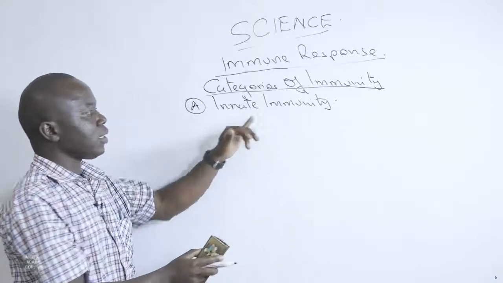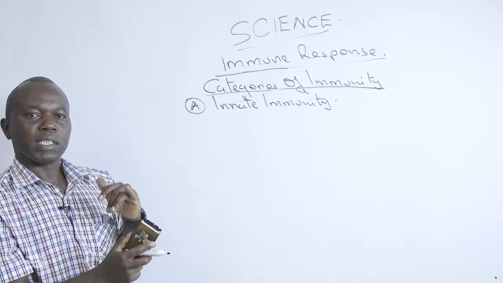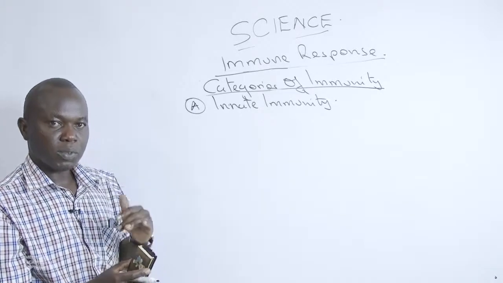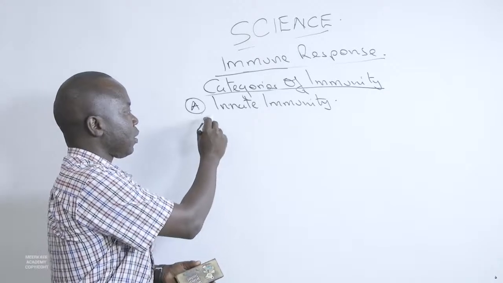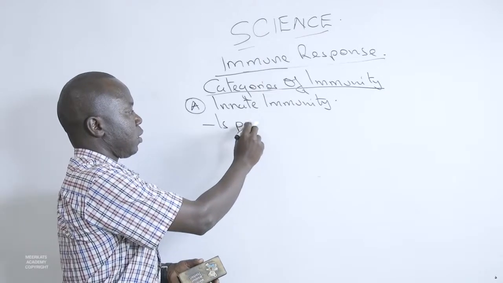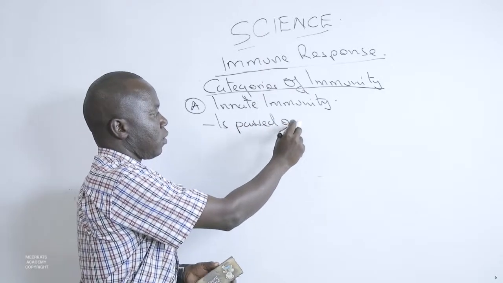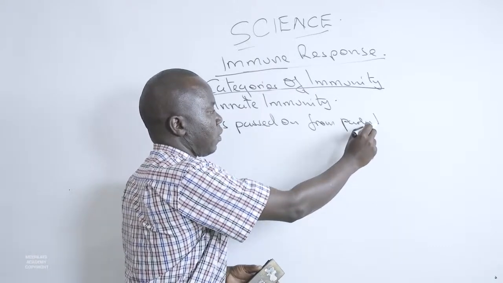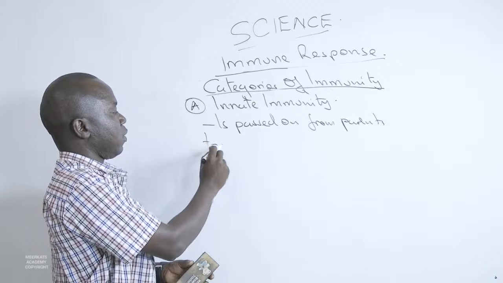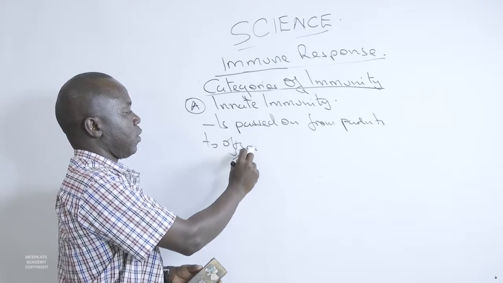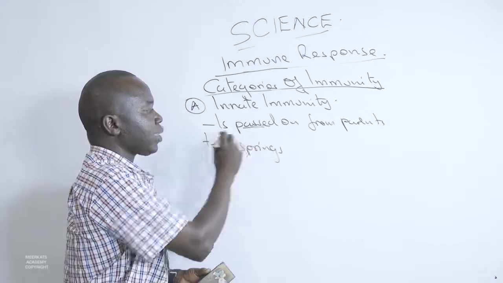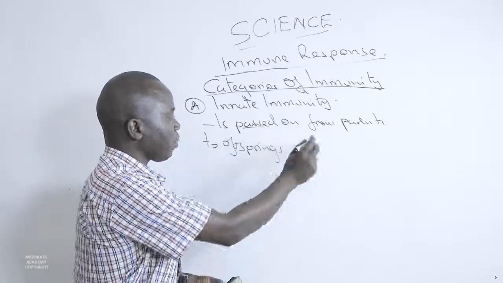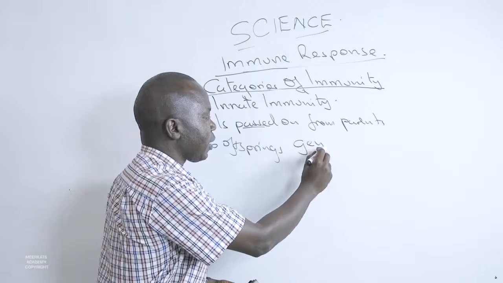So in other words, innate immunity is that immunity that is inherited, passed on from parents to offsprings. But when you say passed, we must be able to find out how. Passed on from parents to offsprings genetically.